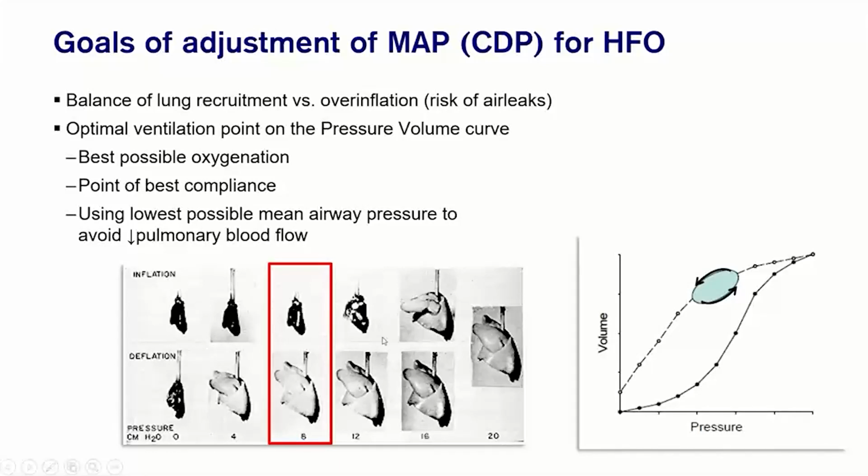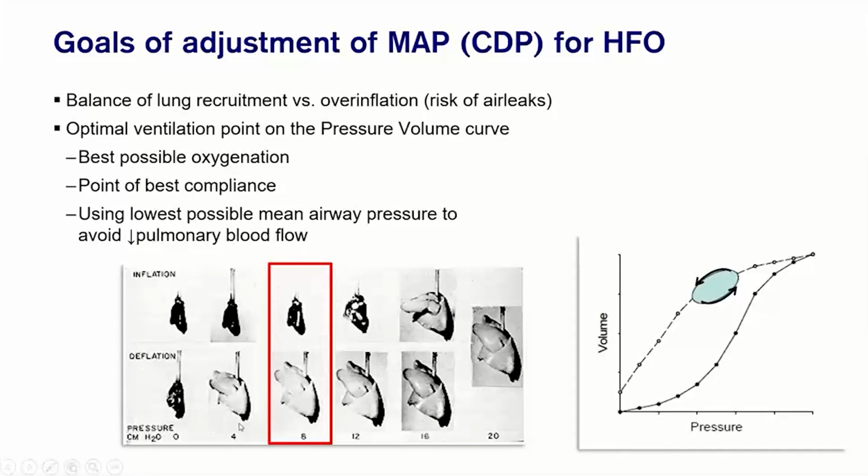And you see that the lung needs some time until the opening pressure is really reached and the lung is fully inflated. If then the pressure is reduced stepwise, you see that the lung will not deflate immediately. It will stay inflated for a longer time, even until 8 millibars.